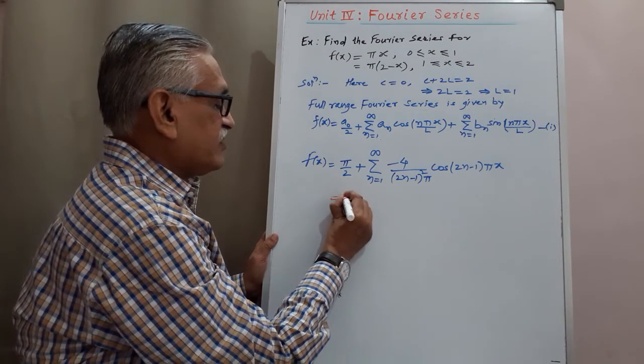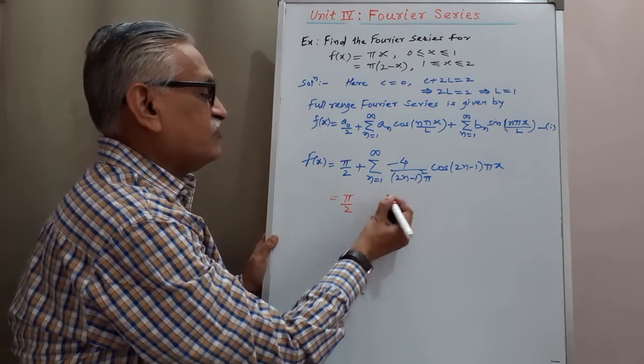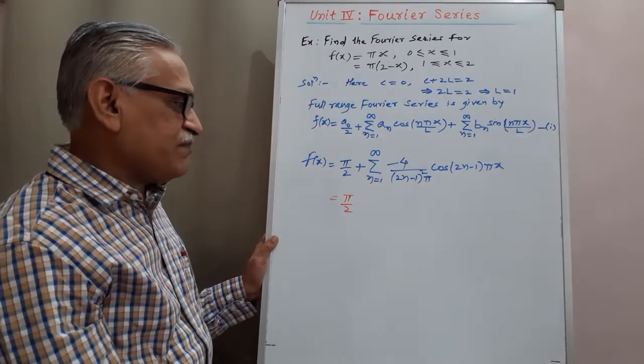It is pi by 2. We rewrite one more step.